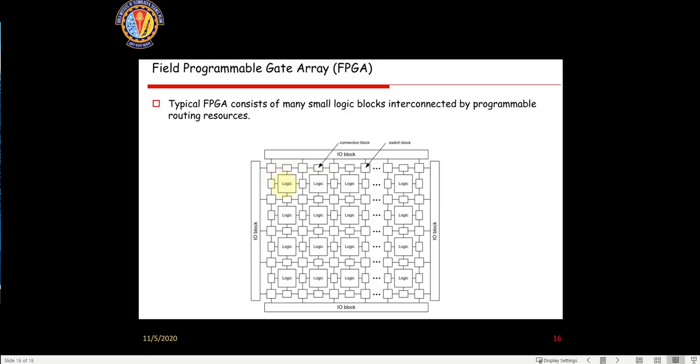If you see the RTL schematic which we did in Xilinx, it will program each of these blocks to do those specific functions as per the RTL schematic.